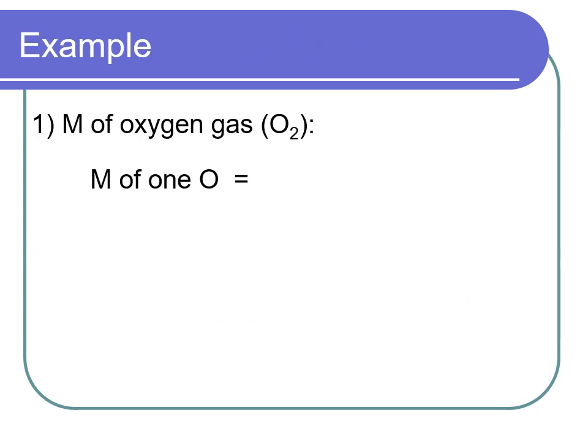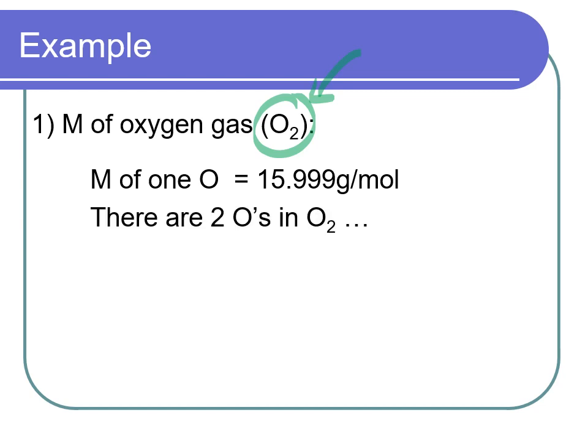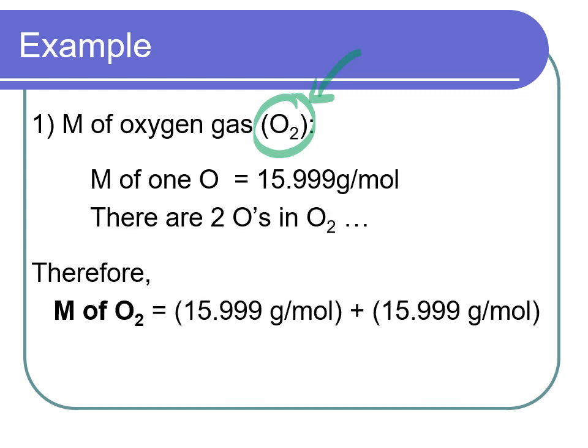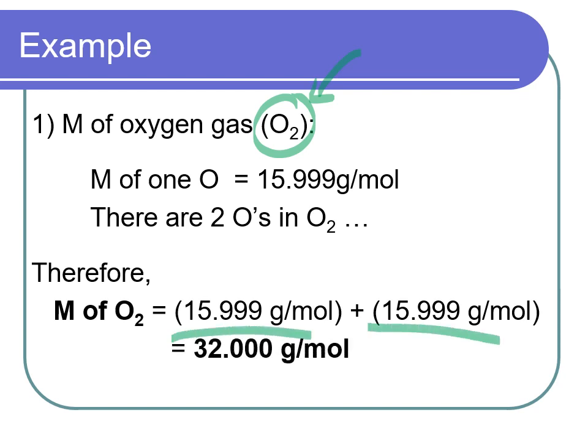Molar mass of oxygen then, and again, this is not a compound, it's still an element, but we have 2 of these oxygen atoms joined together. So the molar mass of 1 oxygen is just under 16. You have 2 of them, so then you would be multiplying 16 by 2, or feel free to add it twice. Either way, you're going to end up with something pretty close to 32 grams per mole.